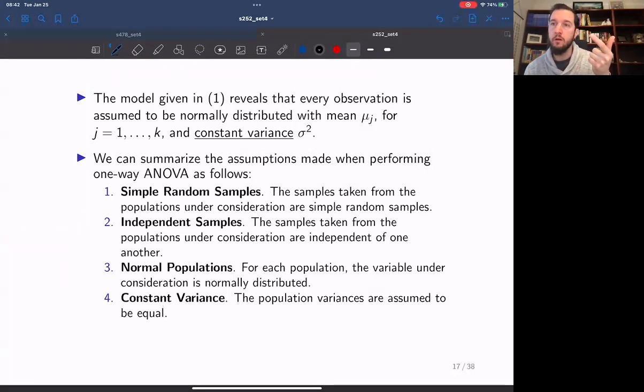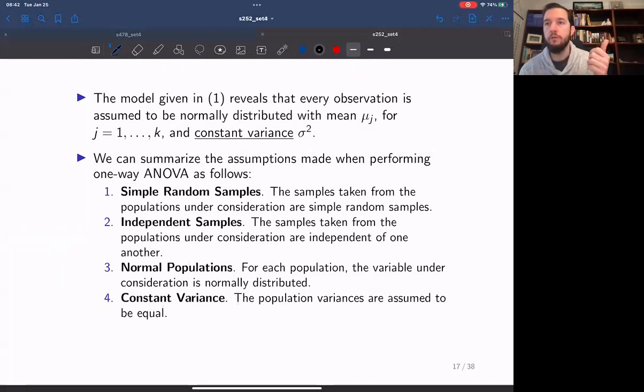Okay, so that's what the model is telling us directly. We assume all population values are normally distributed with the exact same variance, but they are allowed to belong to distributions with different means.